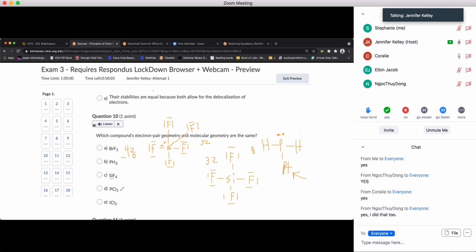All right, so let's take a look at PCl5 and ICl3. I'm going to change colors just because I've got so much going on the page. Let's go to blue. So P is 5. Chlorine is 5 times 7, 35.